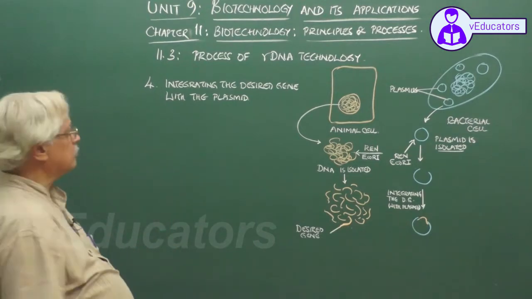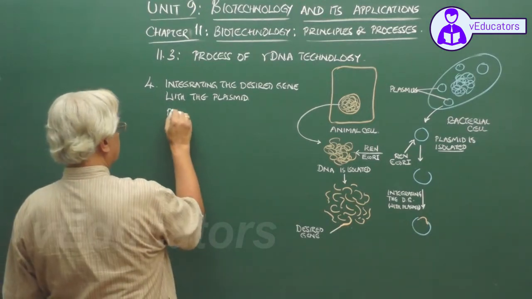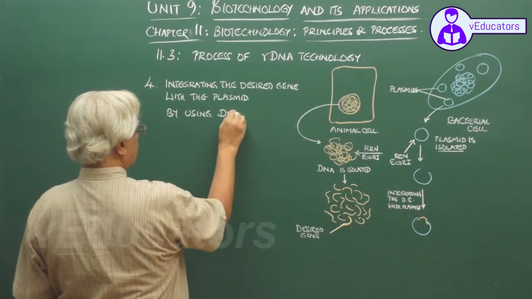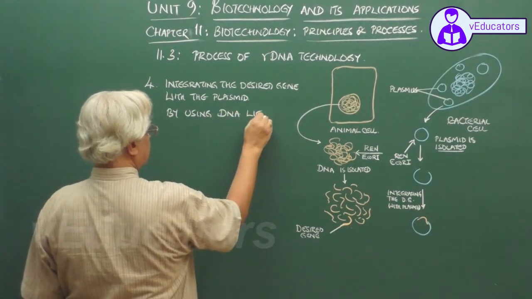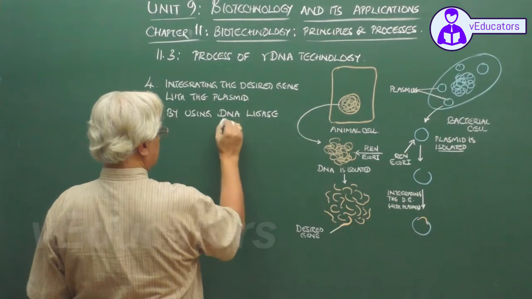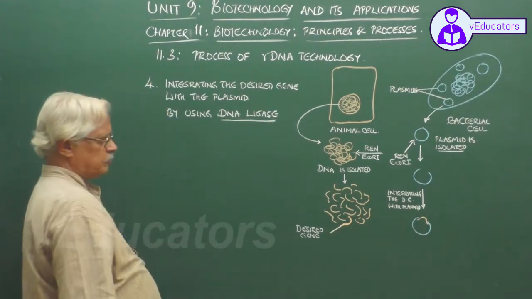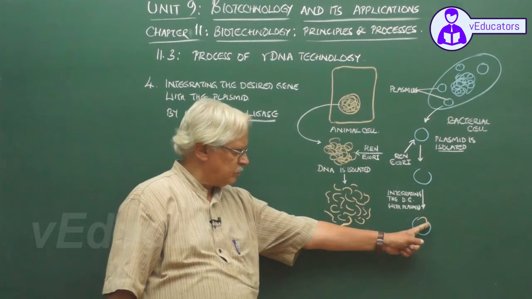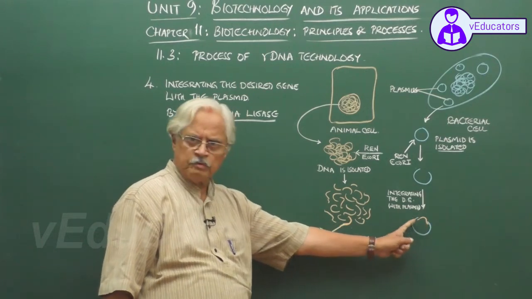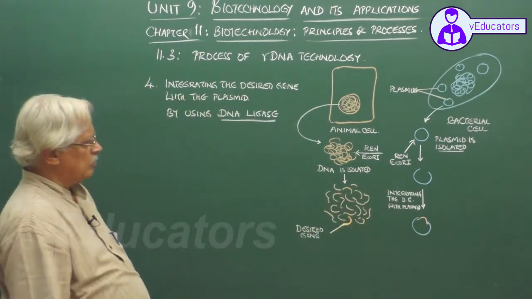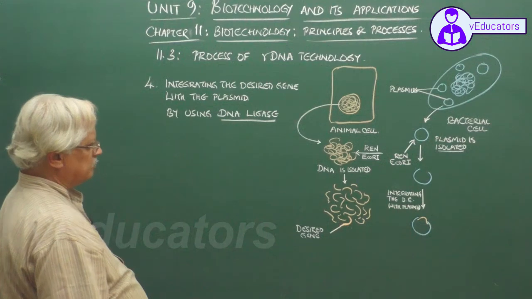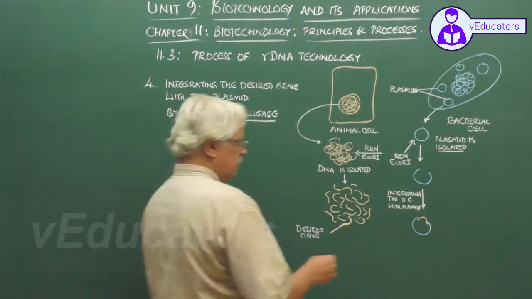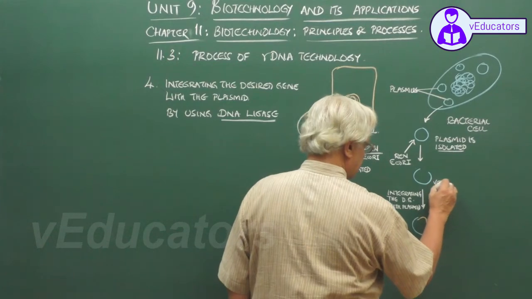This is done by using the enzyme DNA ligase. So DNA ligase joins the sticky ends of the desired gene with the sticky ends of the plasmid or vehicle DNA. So this is the vector DNA.